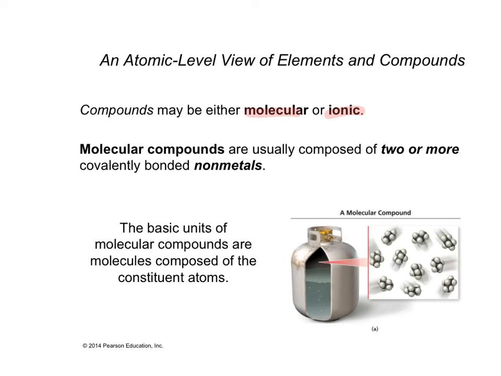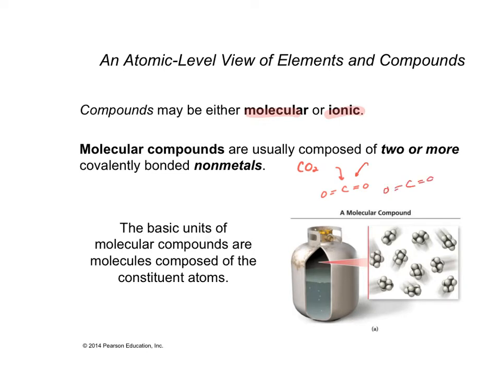A molecular compound would be something like CO₂, carbon dioxide. When you go out and look for carbon dioxide in nature, you will find individual carbon dioxide molecules. This is carbon that is bound to 2 oxygens. When you want to find carbon dioxide, you will usually find it like this, surrounded by other carbon dioxide molecules.